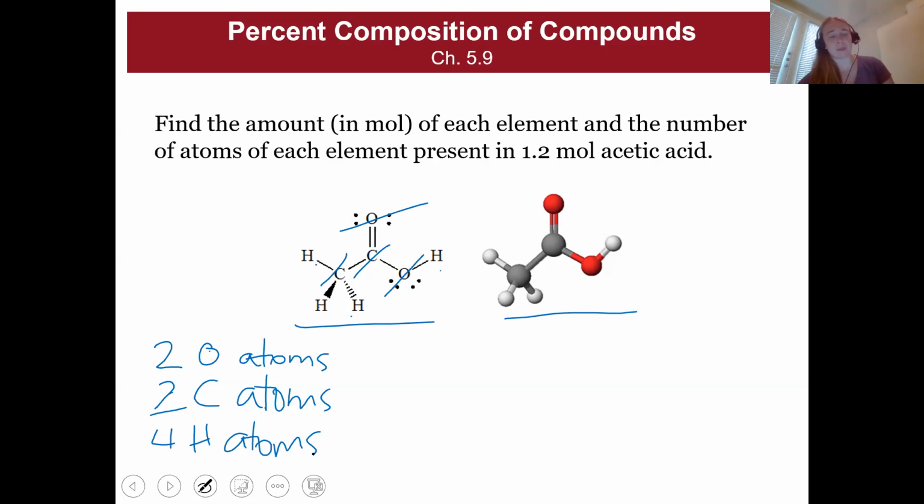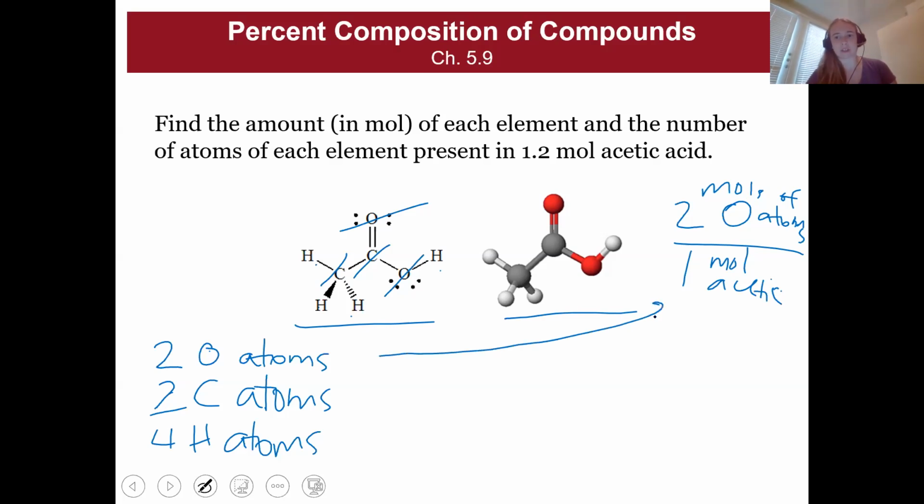If you remember back to dimensional analysis, that is a conversion factor. 2 moles of oxygen atoms in 1 mole of acetic acid. That's our conversion factor for oxygen.